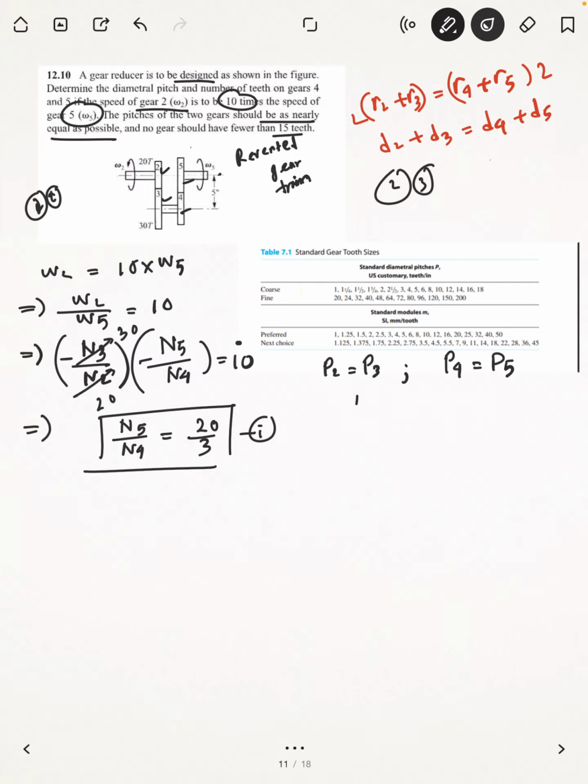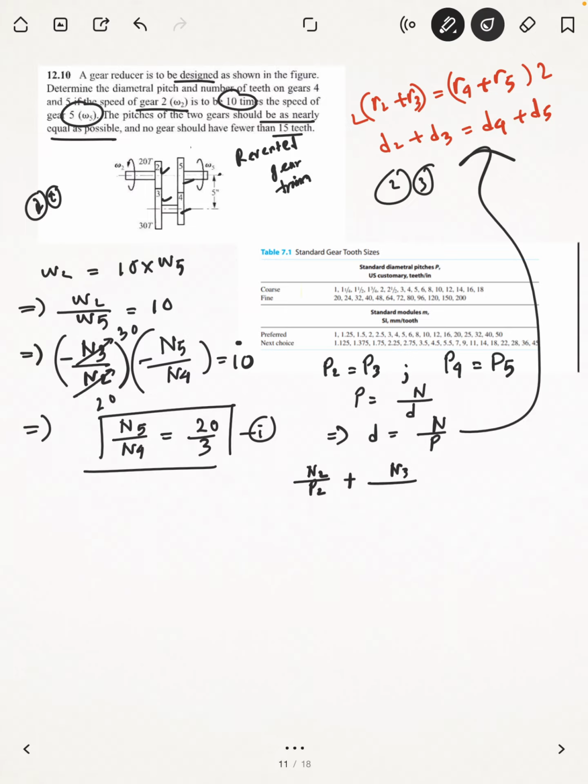Okay, so what is diametral pitch? Diametral pitch is basically N by D, and if I want to write in terms of D, it should be N by P. And if I put this in this equation, we're going to get D2 as N2 by P2 plus D3 as N3 by P3, but as P3 and P2 are equal, we're going to write P2 directly.